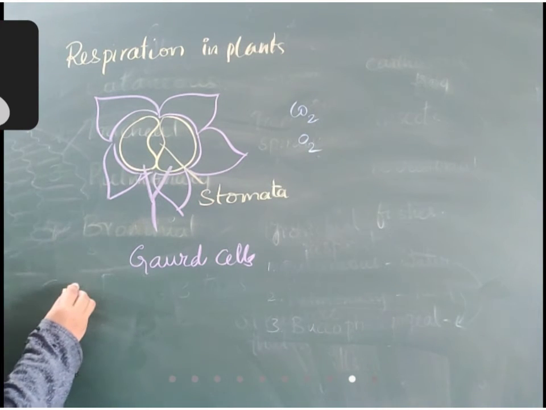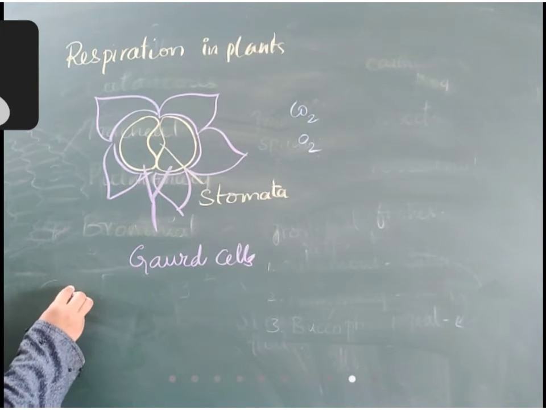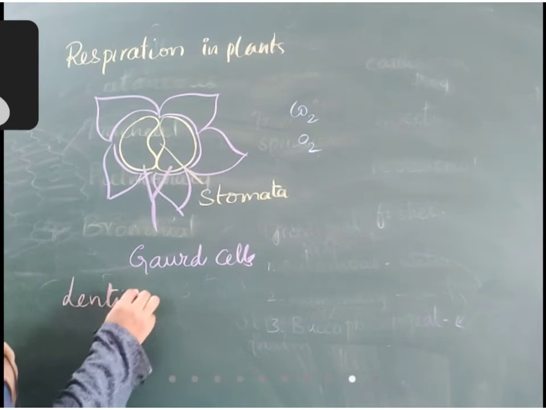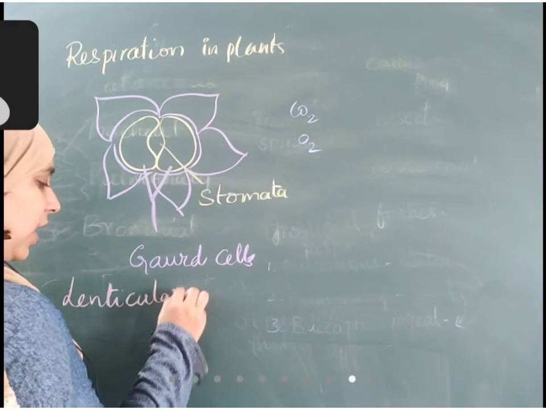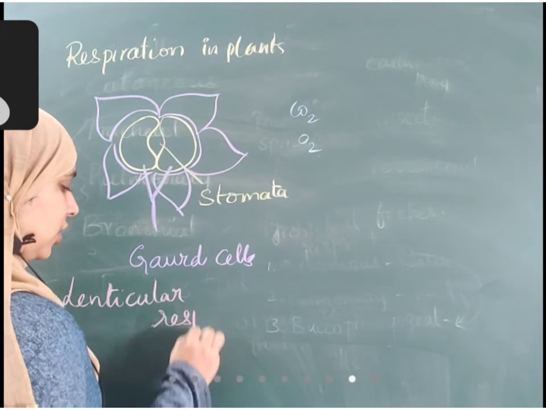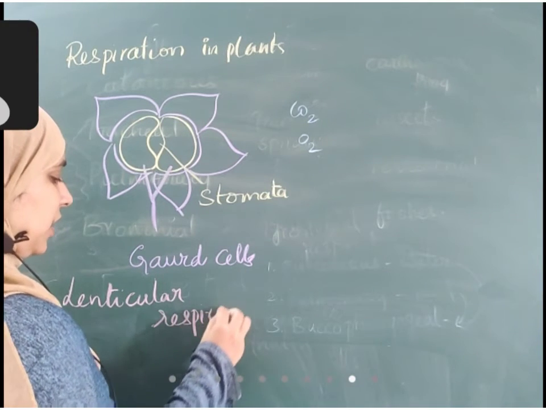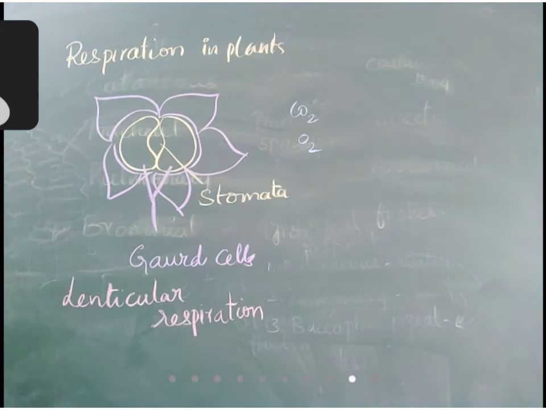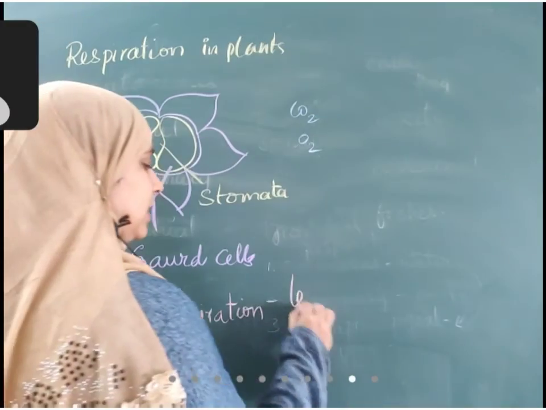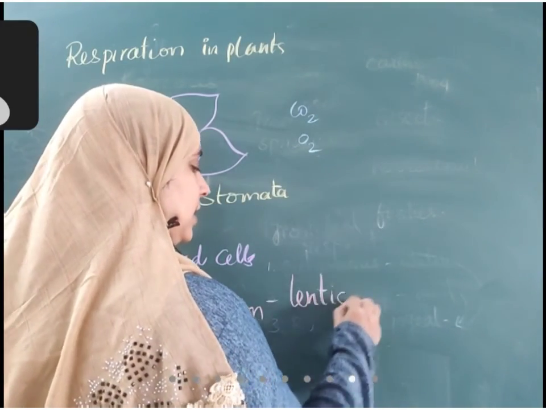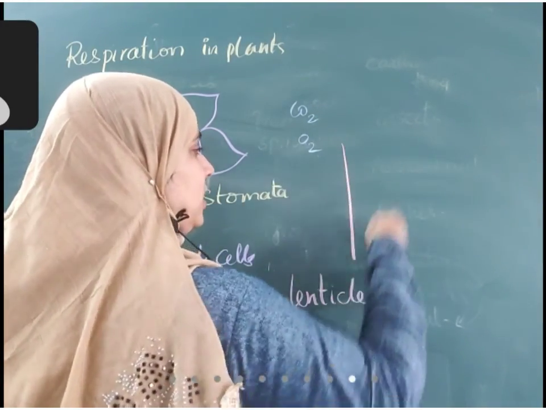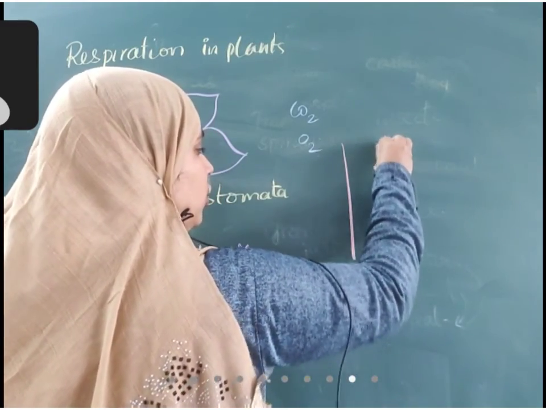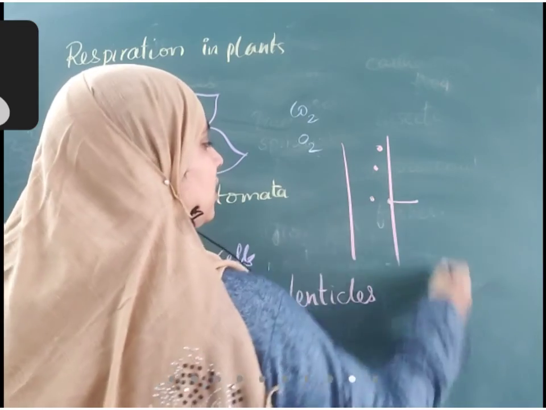Apart from stomatal respiration, there is another respiration called lenticular respiration. Respiration that occurs through lenticels. What are these lenticels? On the stem of the plant, there are small holes through which exchange of gases occurs.